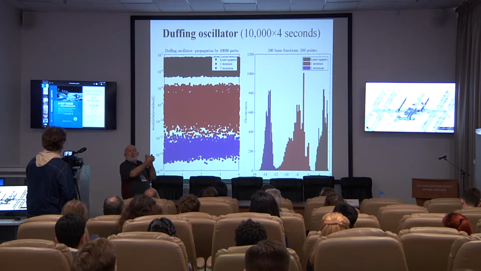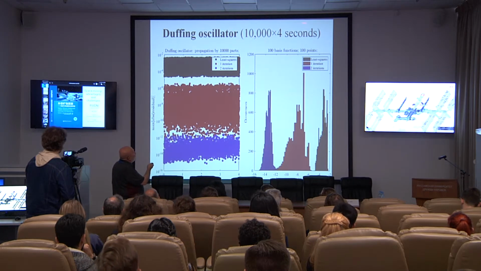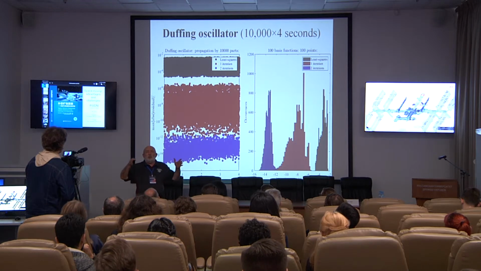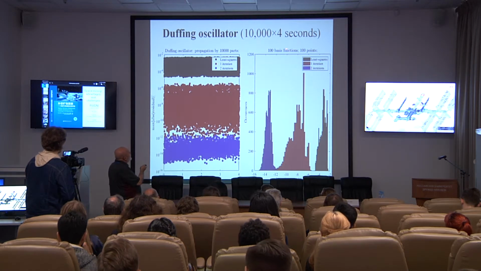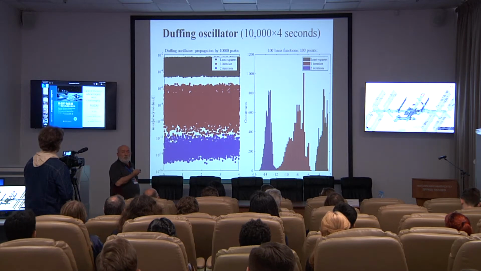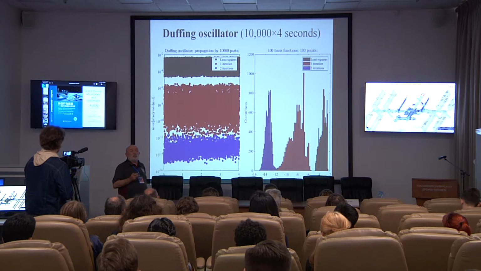Obviously, you lose some accuracy as you increase. In 10,000 chunks of 4 seconds, 4 seconds is typical to have a couple of oscillations, and I use only 100 basis functions. And at the last point, I have an accuracy better than 10 to the minus 12 on a chaotic system.